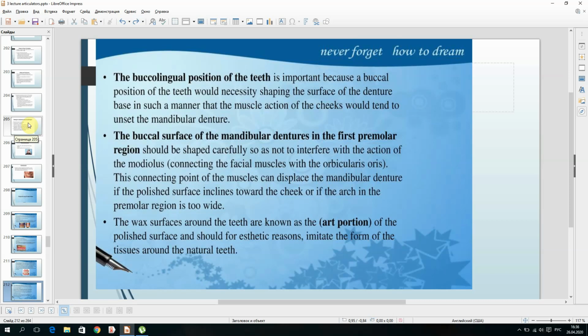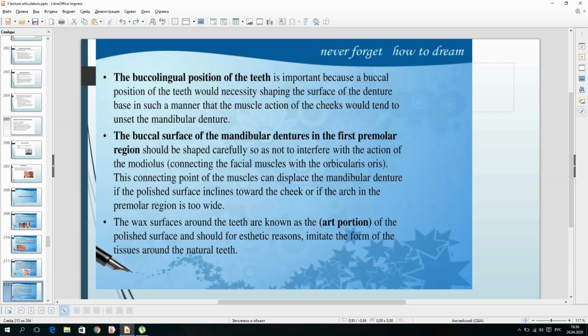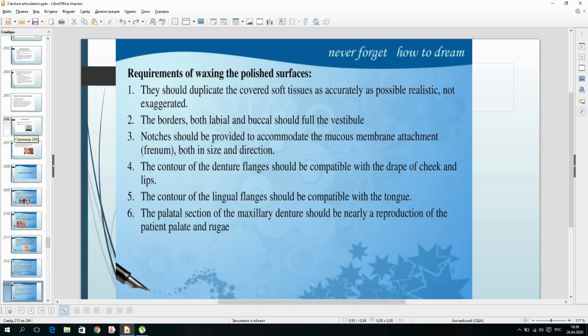The wax surfaces around the teeth are known as the arch portion of the polished surface and should, for aesthetic reasons, imitate the form of the tissues around the natural teeth. Requirements of waxing the polished surface.